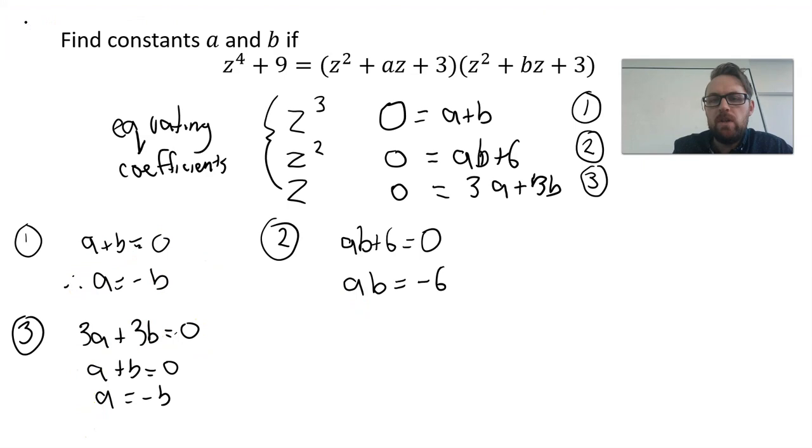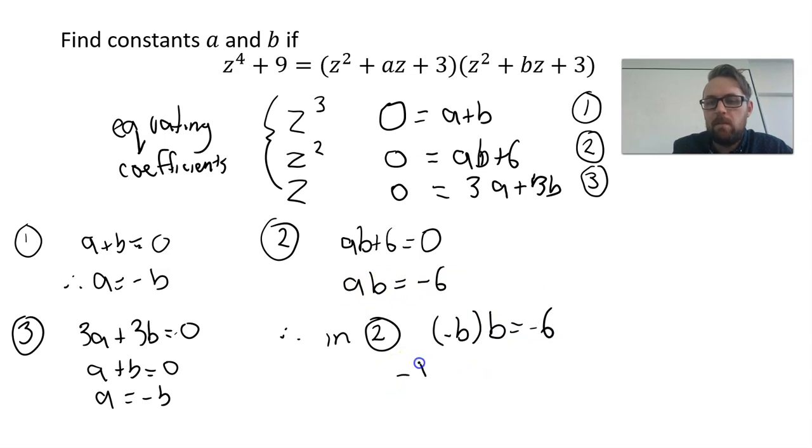All right, so we know that a equals negative b and ab equals negative 6. So therefore, in number 2, we can put in a equals negative b. Where we've got a, we can just put in negative b. So negative b times b equals negative 6.